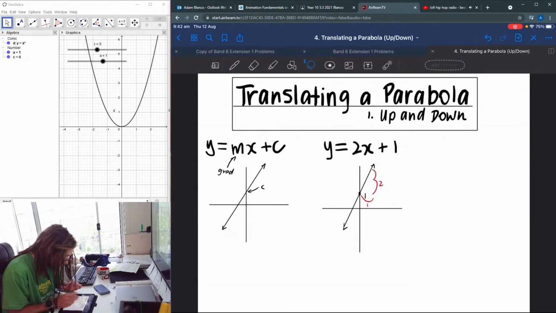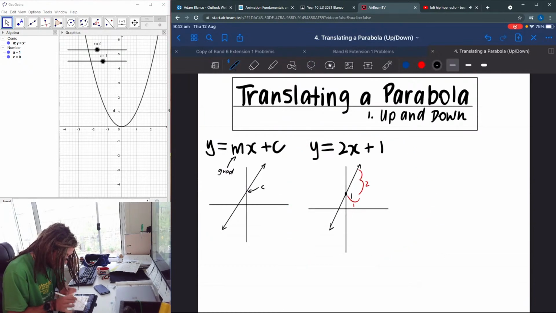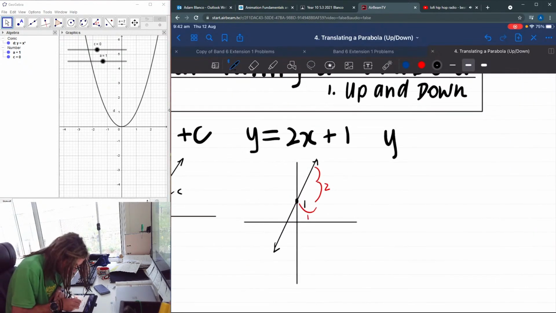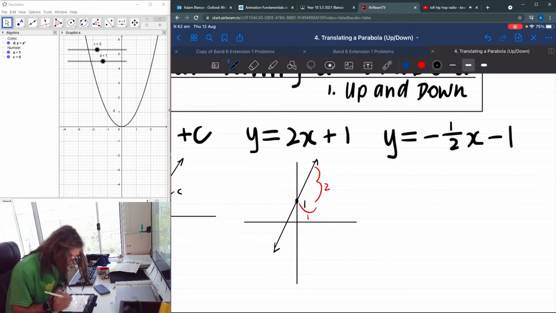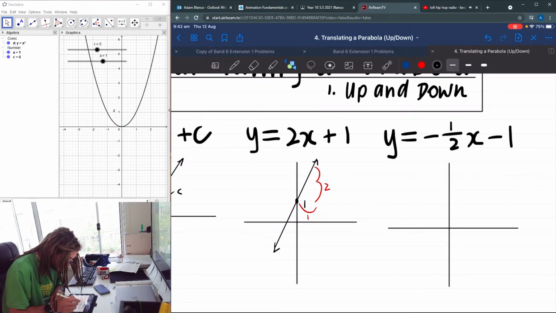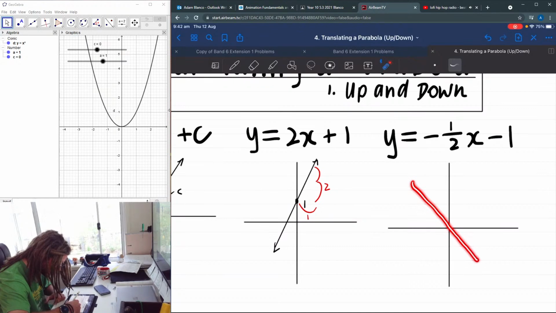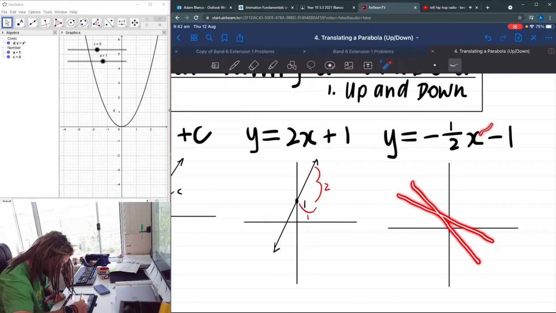Now if I had something like y equals minus a half x minus 1, then my graph would look like this. The negative tells me it's going downhill. Negative a half is going to be less steep, and it's also going to cross at -1, so -1 is down here.